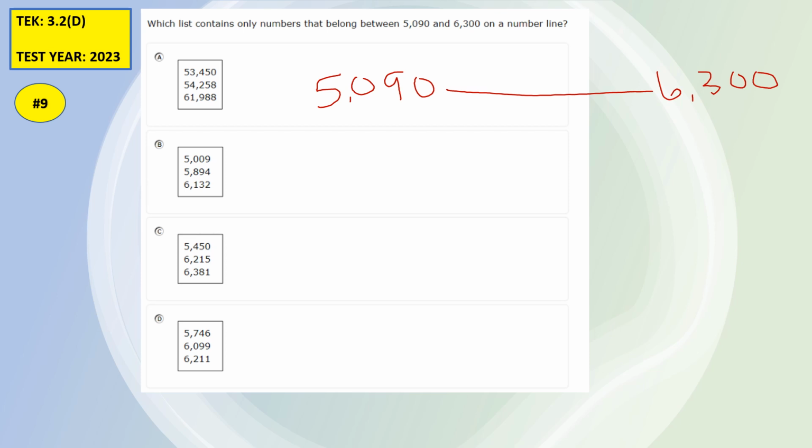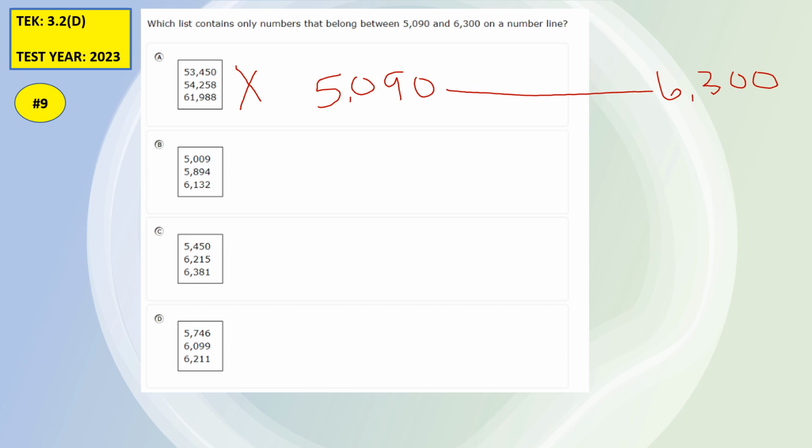Let's take a look at the list at answer choice A. 53,450 is the first number in that list. Well, that's not going to work because 53,450 is greater than 6,300, and that number would be way after 6,300 on a number line.